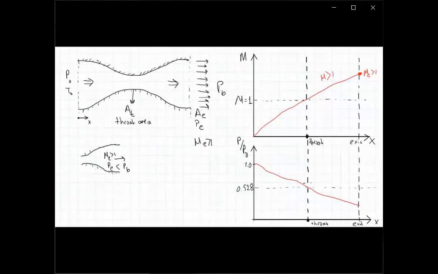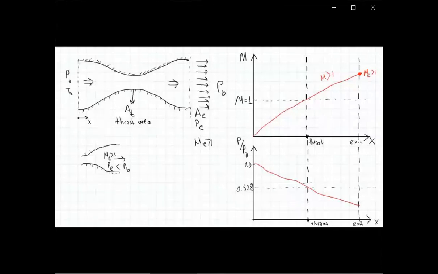Normally, if the jet perfectly expands to whatever back pressure we have outside, we call it the perfectly expanded condition. However, right now it's not. We have a jet with a static pressure at the exit that's lower than the back pressure. Since the jet exit plane static pressure is lower than the back pressure, the flow has to reach the back pressure, because that's what we have outside.